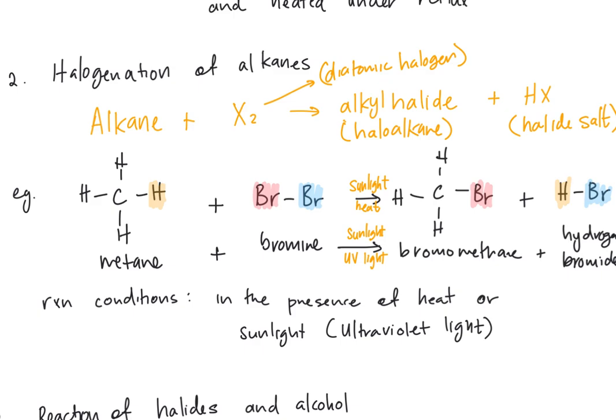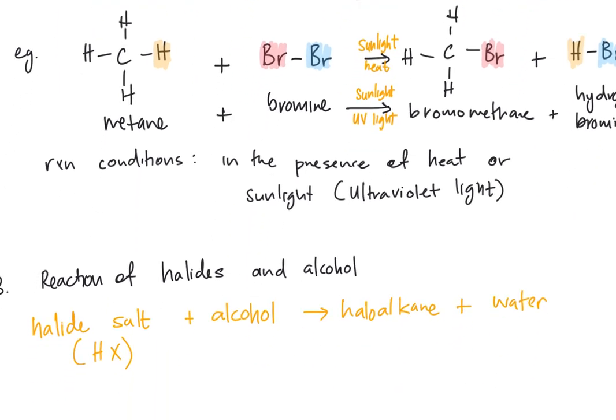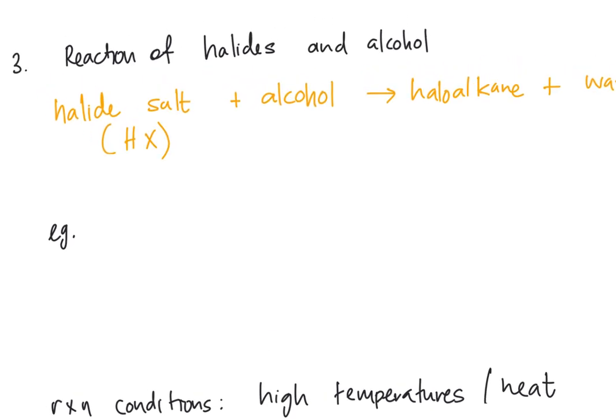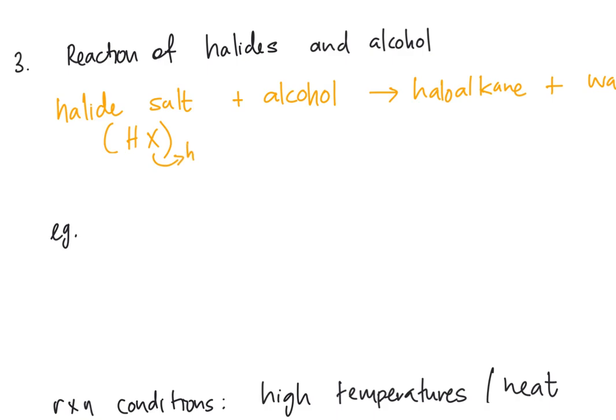All right, the next type of reaction you have under substitution is the reaction of halides and alcohol. So you start off with a halide salt. Remember, again, this X over here is going to represent a halogen. You get plus an alcohol, you're going to get a haloalkane, and you're going to get water out of that.